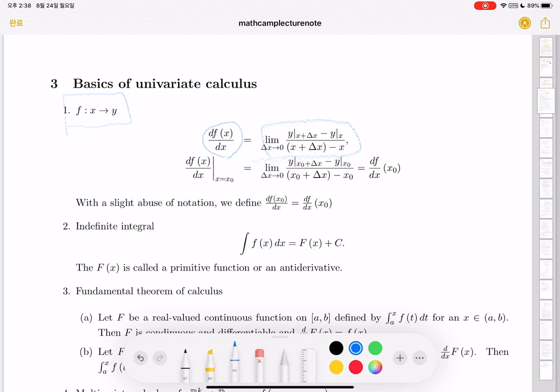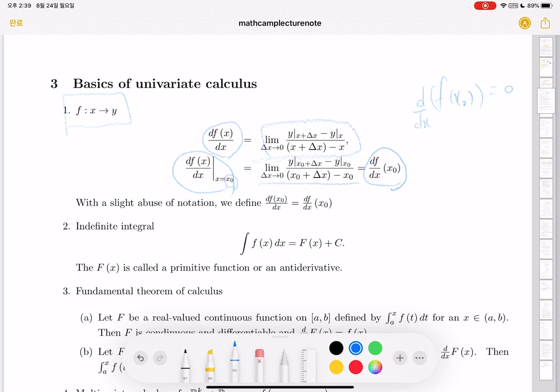So for a value x naught, df dx at x naught is defined this way. I'm going to use this notation to denote this. So it doesn't mean you compute f of x0 first and then take the derivative of this function, because that is always 0, right?